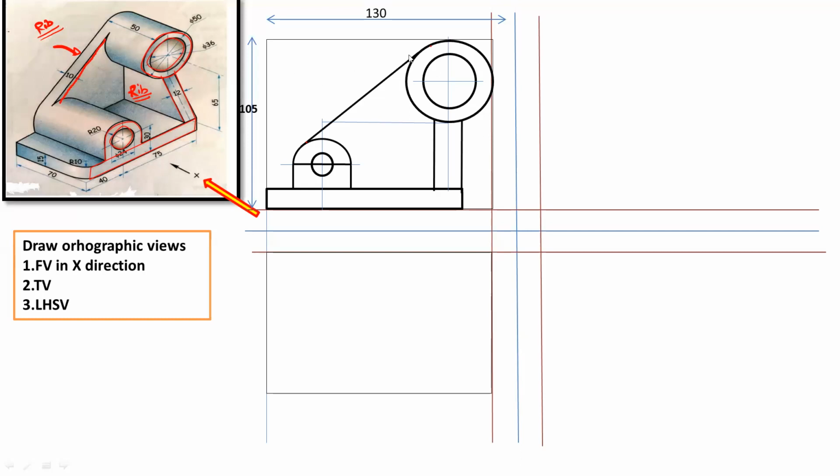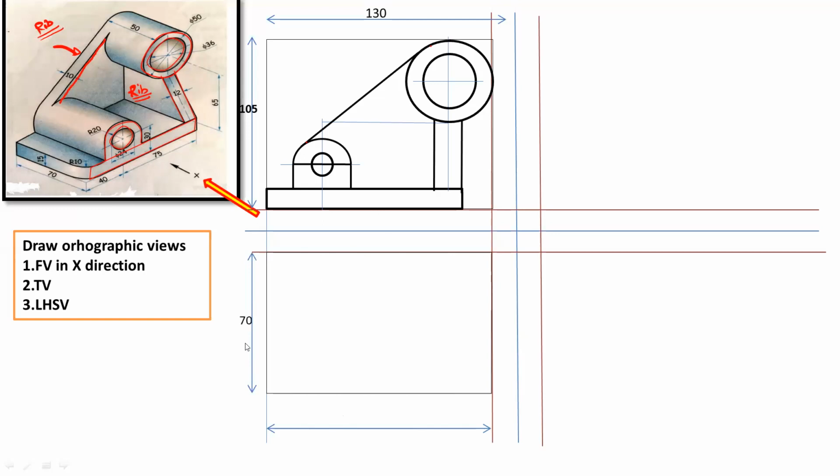So the width will be the same compared to the front view. Only you have to observe the height that is equal to 70 mm. So you can draw this reference rectangle.